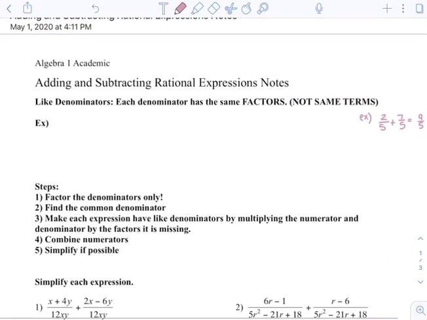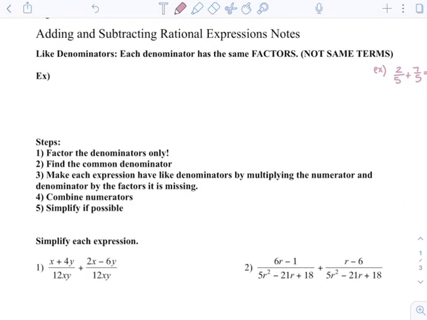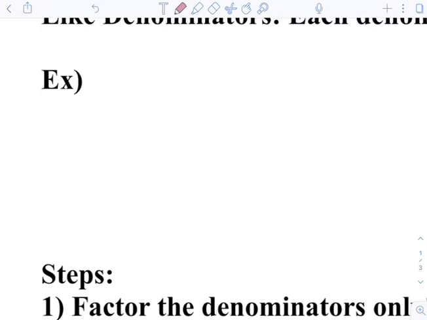Okay, so it's very similar when we have rational expressions, except now you have variables in your denominators and not just numbers. Your like denominators are when each denominator has the same factors, not the same terms. So let's say I had something like 1 over x plus 3.